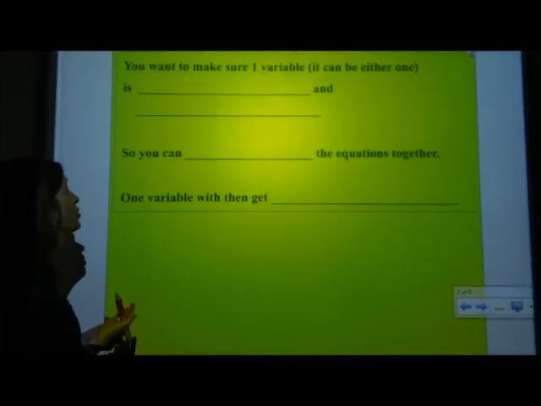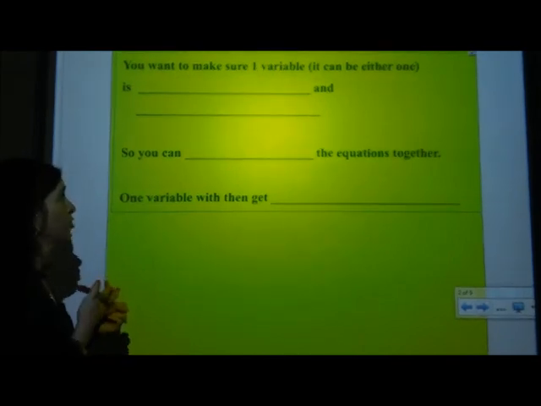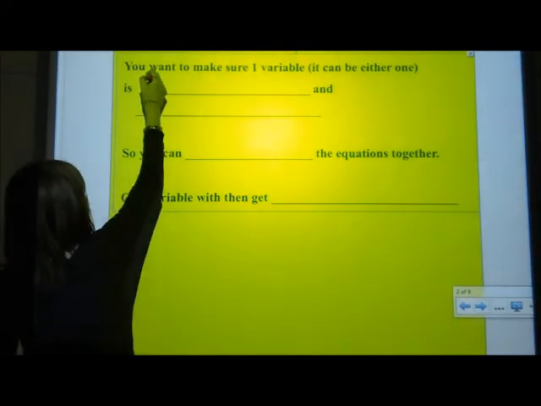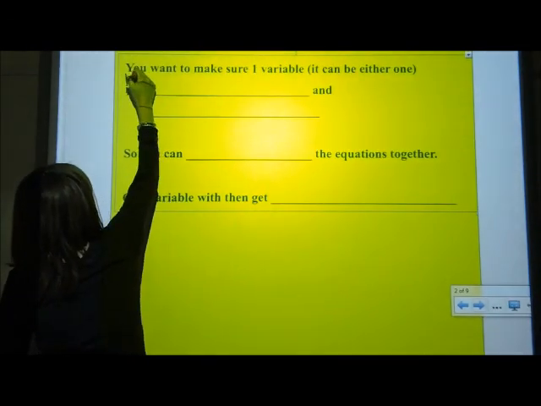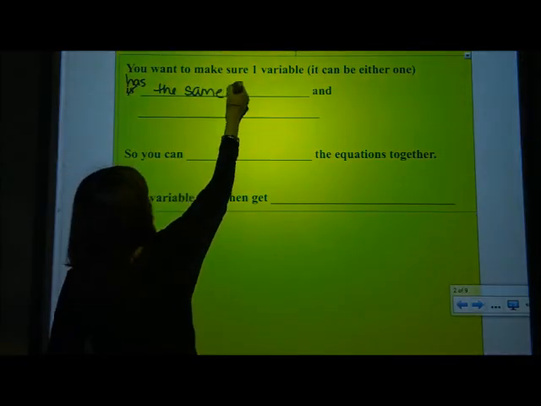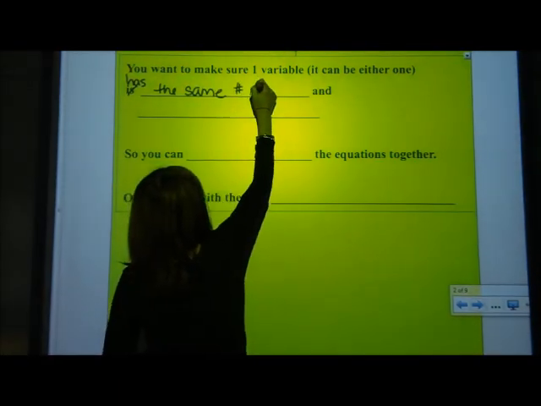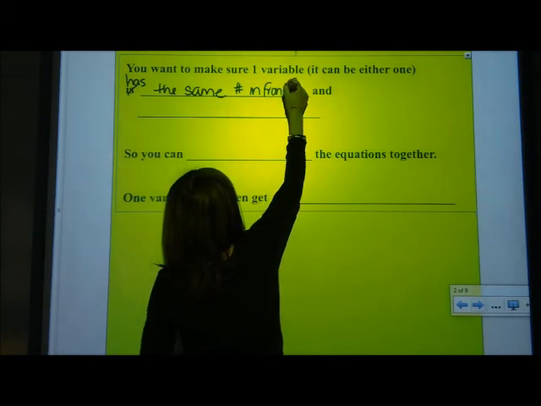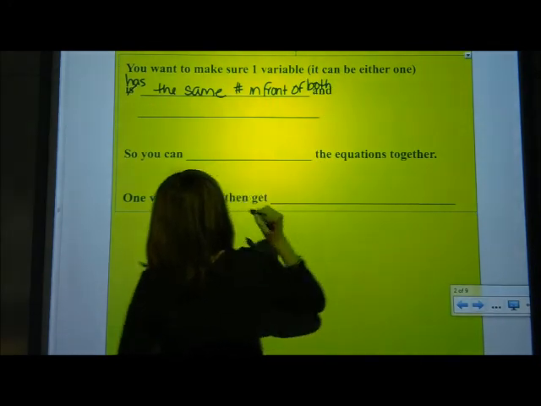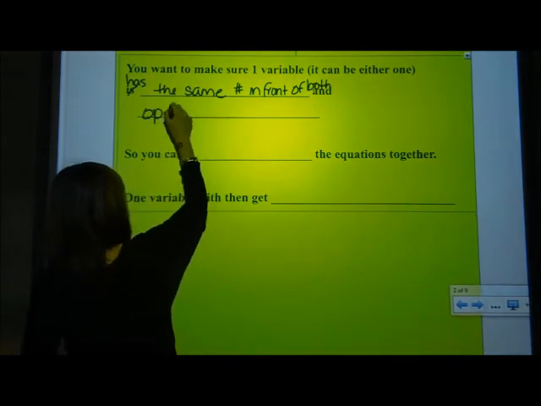First of all, if you're going to use elimination, you want to make sure that one variable, and it can be either one, has the same number in front of both of them and opposite signs.